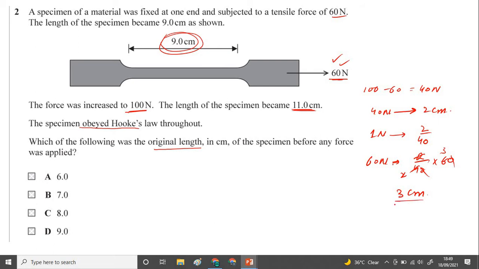This is the extension for 60 Newton force. That means the original length is 9 minus 3, that means 6 centimeter. So the option is A.